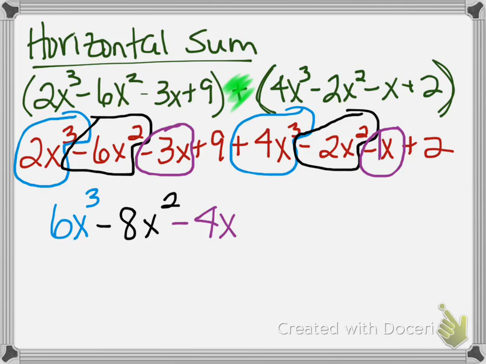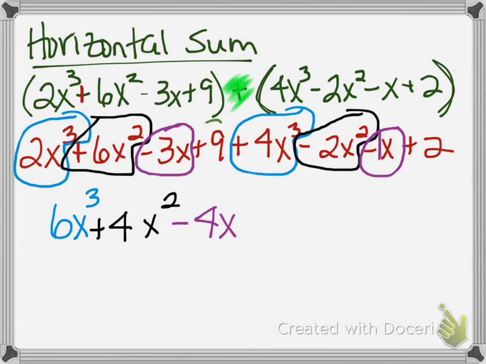Good thing it's not too far ahead. This is supposed to be a plus 6x here. I copied it wrong. My bad. So positive 6x and positive 6x and a negative 2x, that would make this here a positive 4x. Okay, sorry. Back on track now.